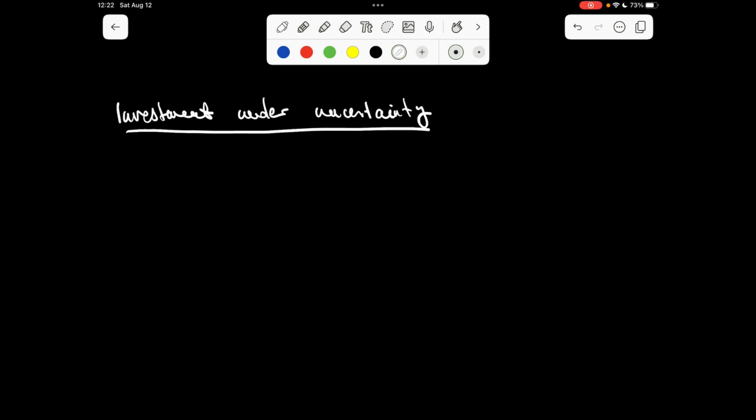The next exercise is 10.4, which is based on the famous paper written by Lucas and Prescott back in the early 70s, late 60s. This is investment under uncertainty.